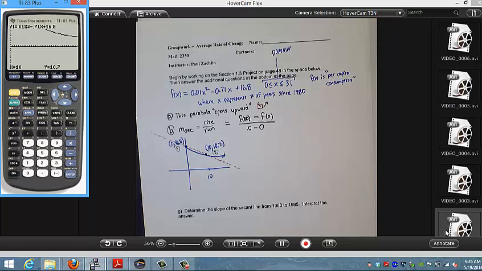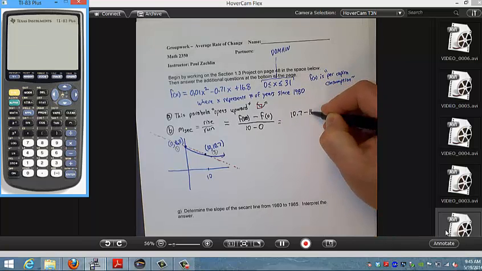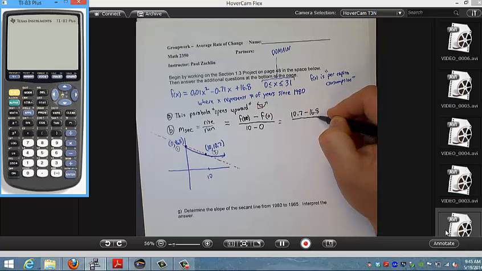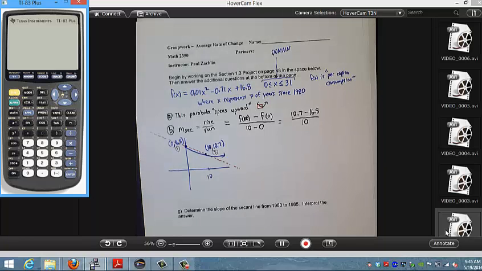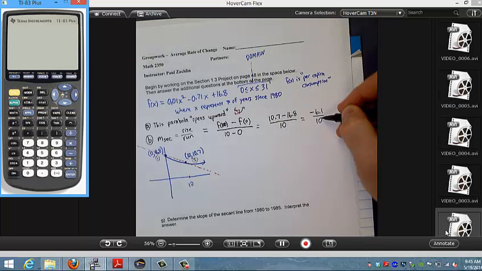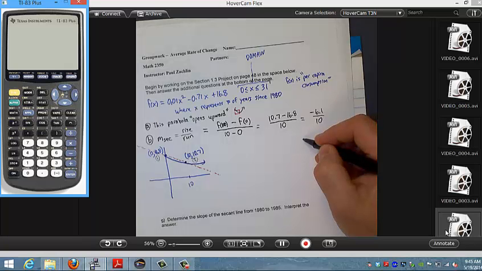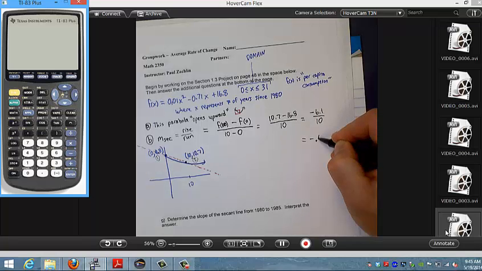You guys with me right now? Okay. So I need to take 10.7 minus 16.8 all over 10. And of course, when I do 10.7 minus 16.8, I'm going to get a negative number, aren't I? I get negative 6.1 over 10. And so the answer I get is negative 0.61.